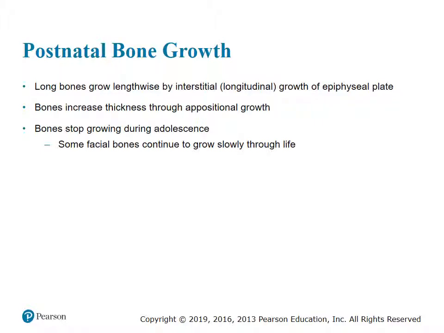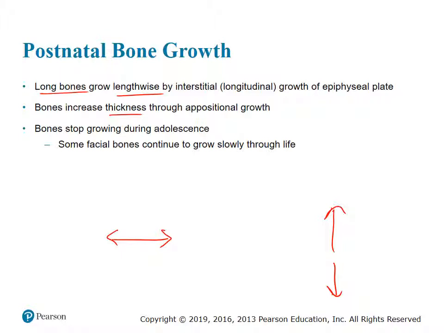Okay, so talking about postnatal bone growth, again, long bones grow lengthwise. We call this longitudinal growth. This is the length, going lengthwise, stretching itself out. When we talk about appositional growth, we're talking about getting wider, bones getting thicker. So we see that also. So not only lengthwise, but growing in width.